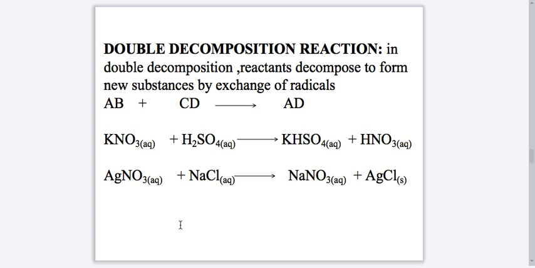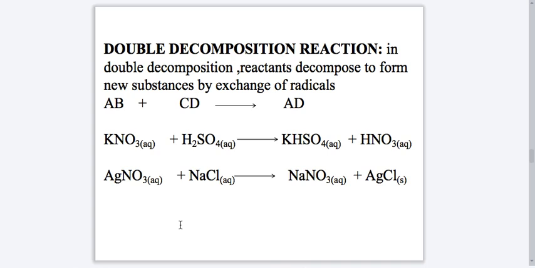The element Ag will combine with Cl minus, and that gives you AgCl. Ag, that's silver, is going to exchange with Cl to give AgCl.